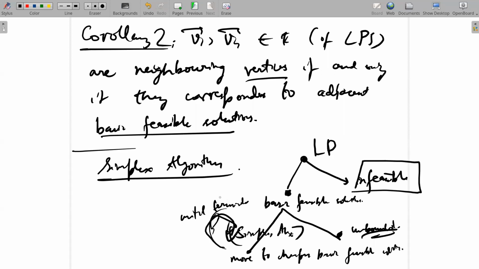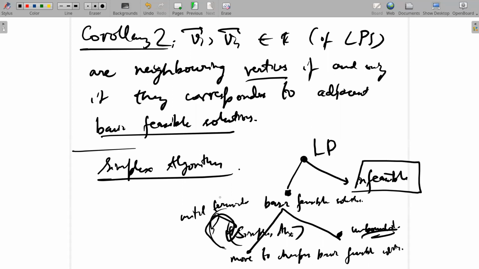There is a small step that will remain, but there are finitely many vertices. The only problem that can happen is you cycle amongst the vertices of equal cost. That is something that can happen. Or you just stay put. You don't really move, you're changing your indices. You have certain degenerate bases for your basic feasible solutions.